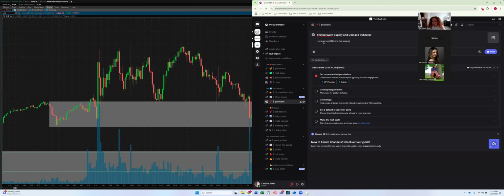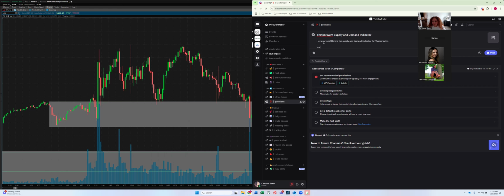Here is the supply and demand indicator for Thinkorswim. Let me know if that worked.